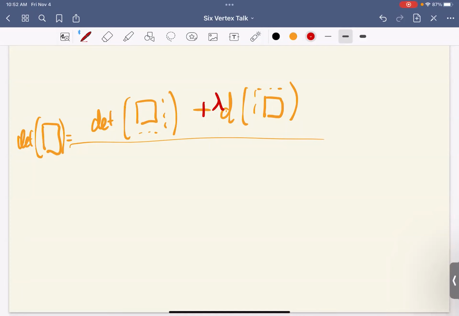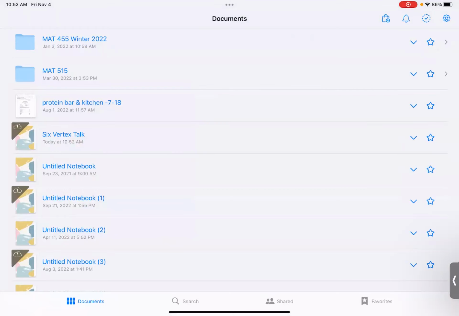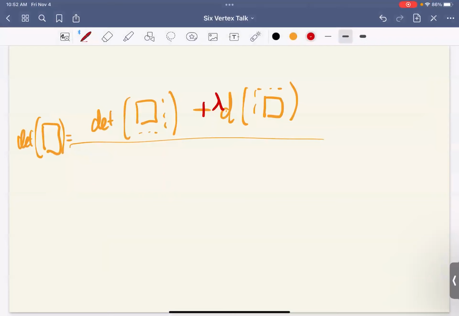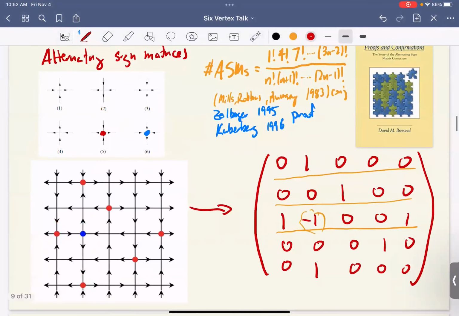That's I think the origin of the alternating sign matrices. More than n factorial? No, it's less than n factorial. Okay, so I apologize if I said something wrong there.